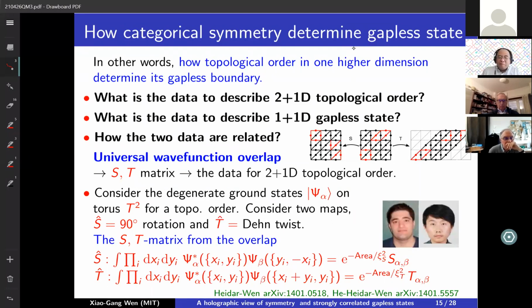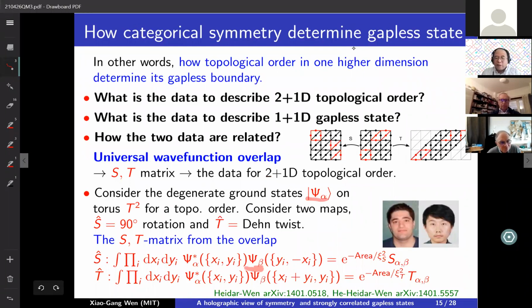The data to describe a topological order in 2+1 dimensions, we can get using the so-called wave function overlap. We know that for the topological order on the torus, we have degenerate ground states, labeled by alpha and beta.